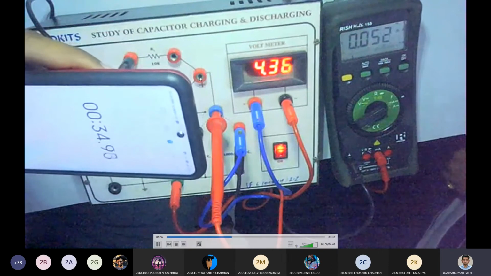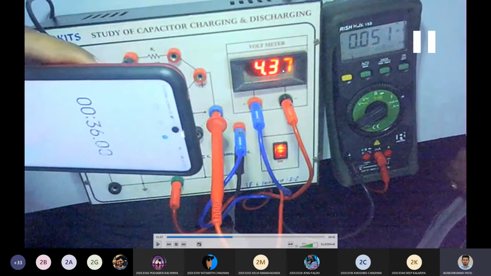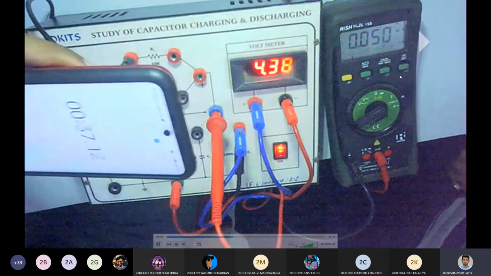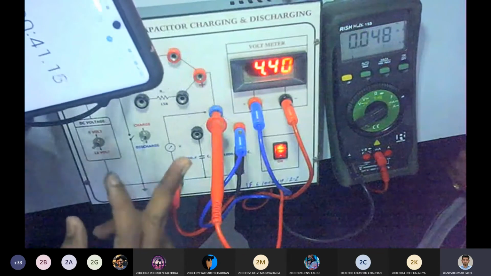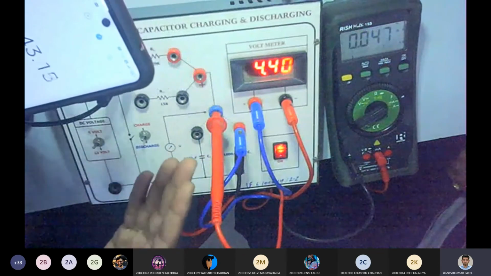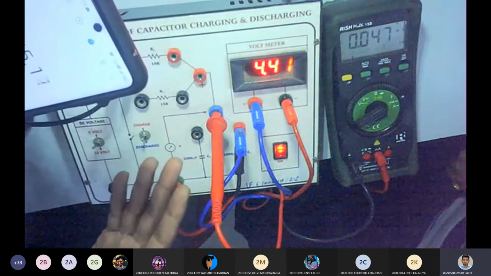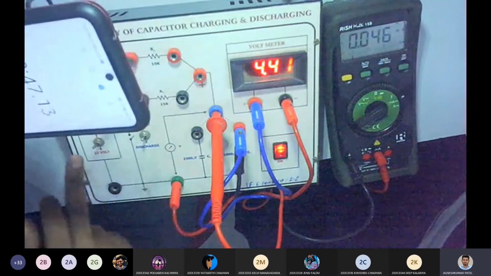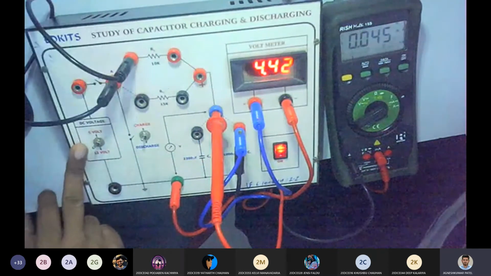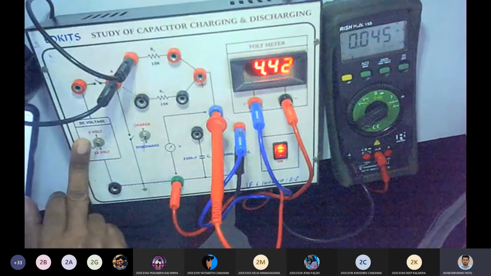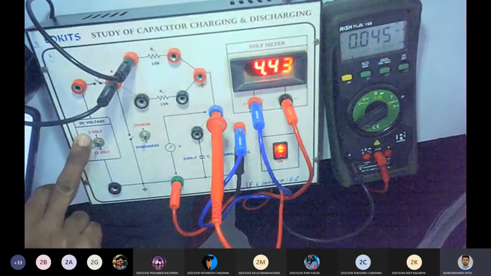Now you can see the rate of increase of this voltage is very slow, and also the current is very low. See here, it is 5 volts, but if you measure this before starting this practical, it might be varying.